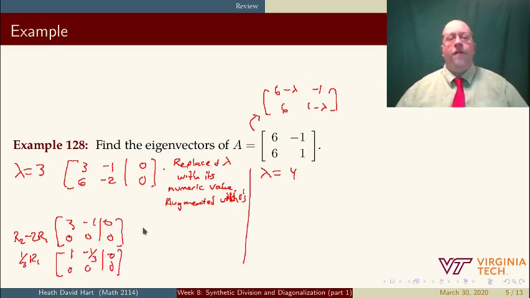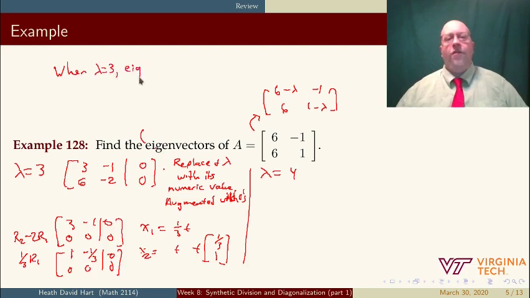And this leads to the equation x1 is equal to 1/3 t, and x2 is equal to t. And that's the same thing as t times the vector 1/3, 1. And so one of the eigenvectors, when lambda is equal to 3, is 1/3, 1.